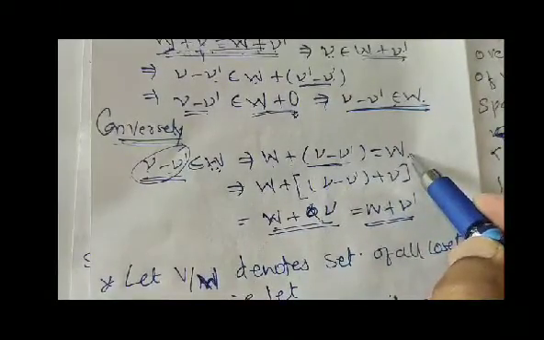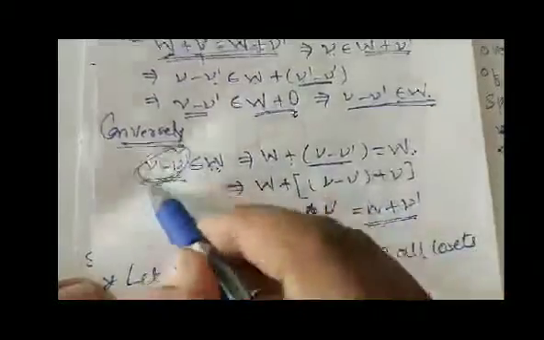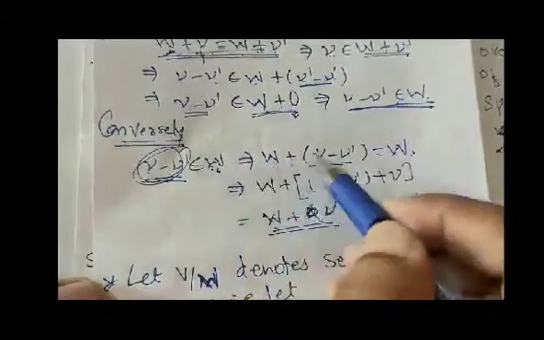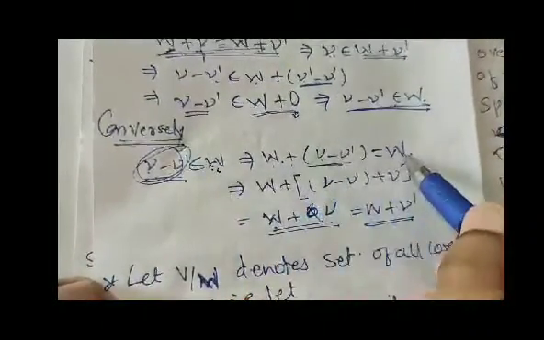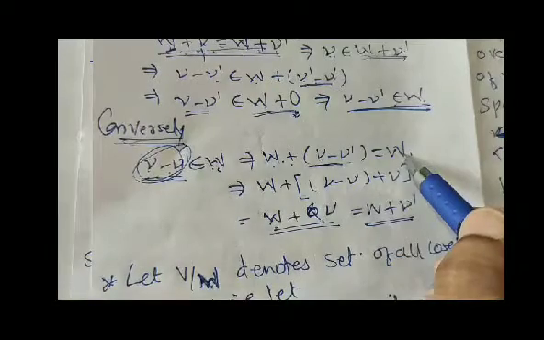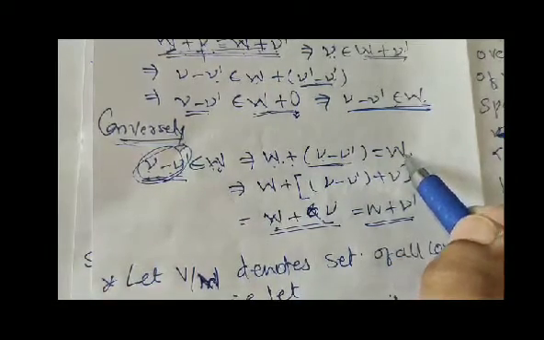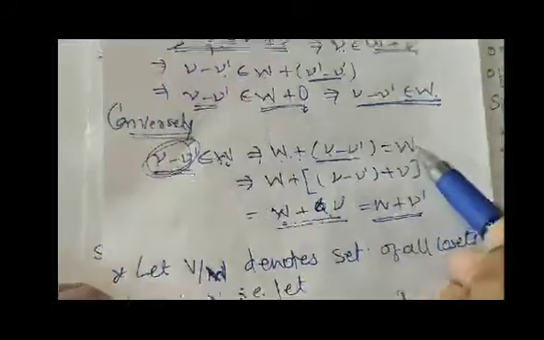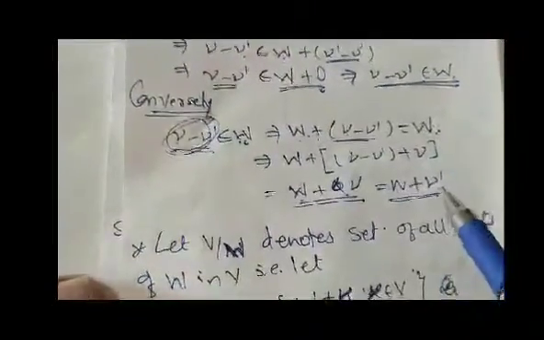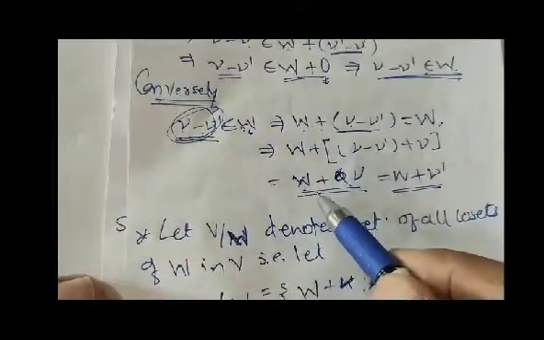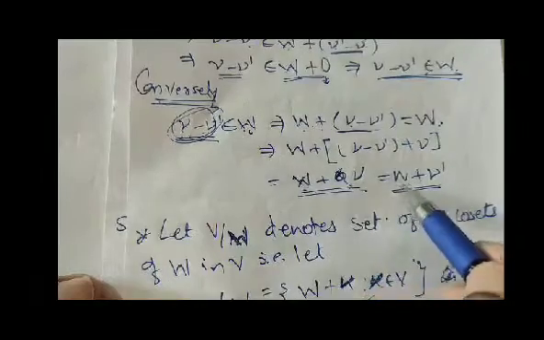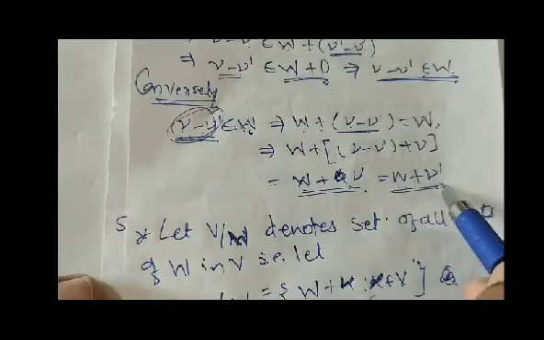Our previous point: if any element belongs to capital W, then that element plus W is nothing but W. So here W plus nu is equal to W plus nu dash.